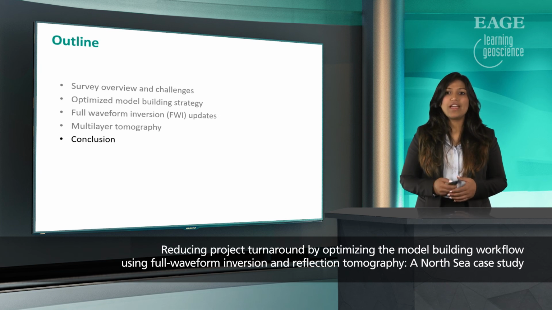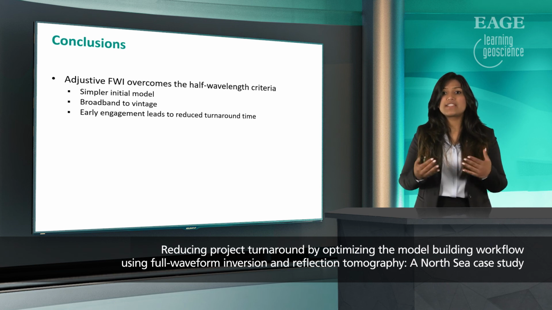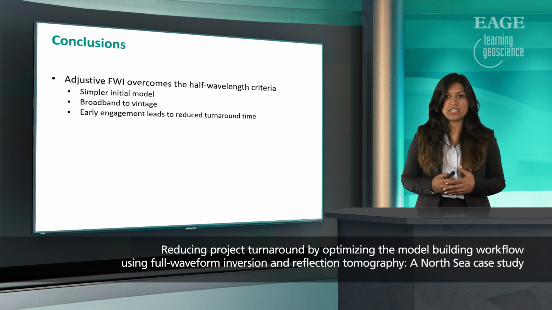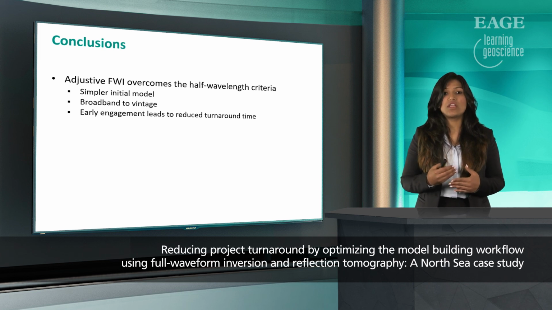So to conclude, adjusted full waveform inversion has proven to be a great tool that overcomes the half wavelength criteria. And it not only allows us to start FWI with a very simple initial model, it further extends its applicability to the vintage datasets with missing low frequencies in it. And if employed earlier in the processing workflow, parallel to the time processing, it can lead to the reduction in the overall project turnaround time.